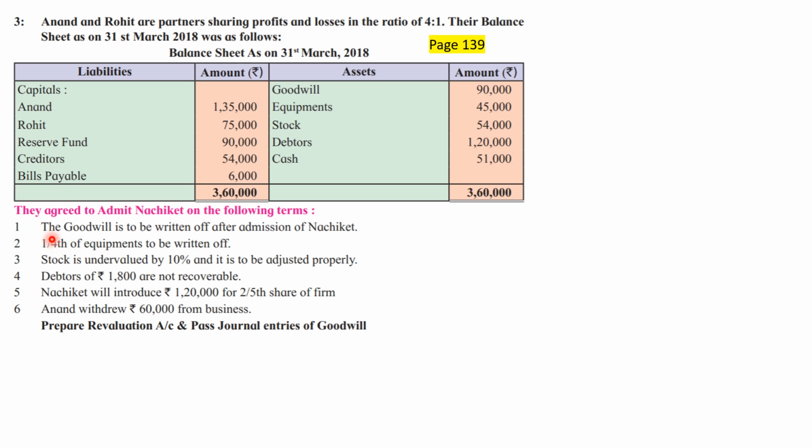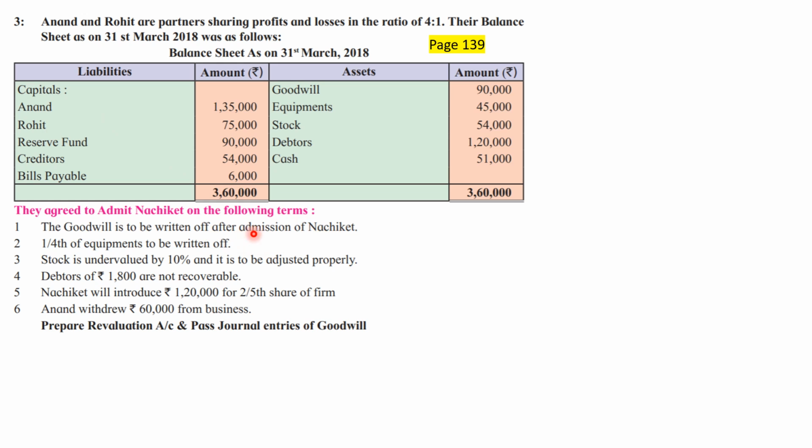They have told you goodwill is to be written off after admission of Nachiket. Now this is important thing, after admission of Nachiket. In the government textbook they have written it off only against old partners, that is Anand and Rohit. Whereas it is clearly told that goodwill is to be written off after admission of Nachiket. So one may argue that, sir, we will write it off to all the three partners, that is to Anand as well as Rohit as well as Nachiket.